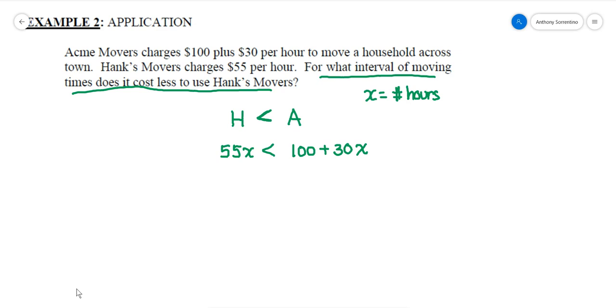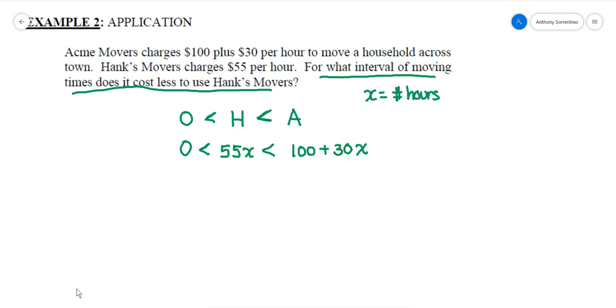But as I move along, his rate per hour may start making him more expensive the longer the move takes. I also have to keep in mind, it doesn't make sense to have anything in the negative territory. So I'm going to have to put some limit at 0 for this.